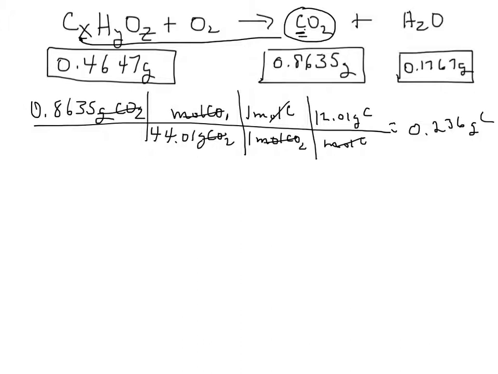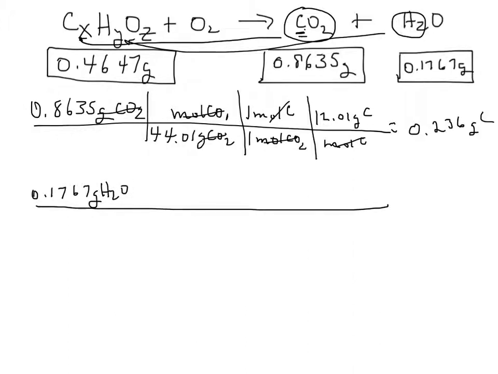We do a similar thing for hydrogen, knowing that it was produced out of the hydrocarbon. We only know, though, that we have 0.1767 grams of water, so we have to look and get that to determine how much actual hydrogen was in that. The molar mass of water is 18.016.